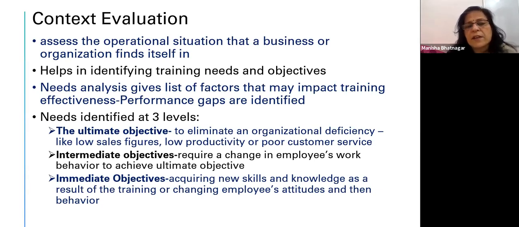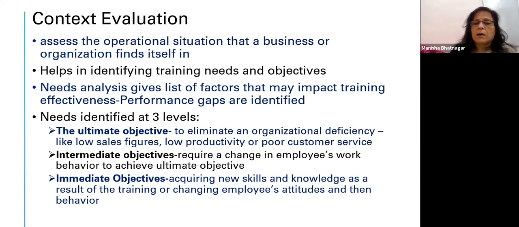It helps in identifying training needs and objectives. So actually the CIRO model starts with the training needs and objectives, and needs analysis gives a list of factors that may impact training effectiveness, how good the training was.